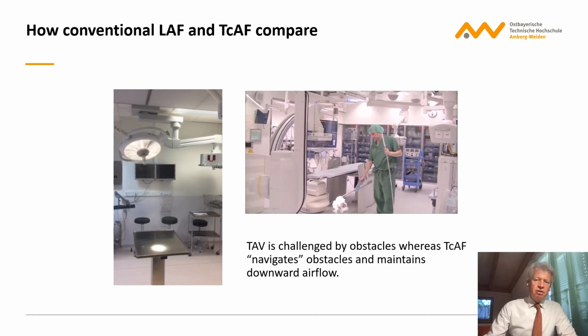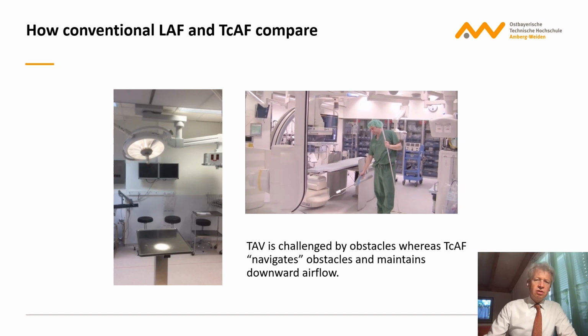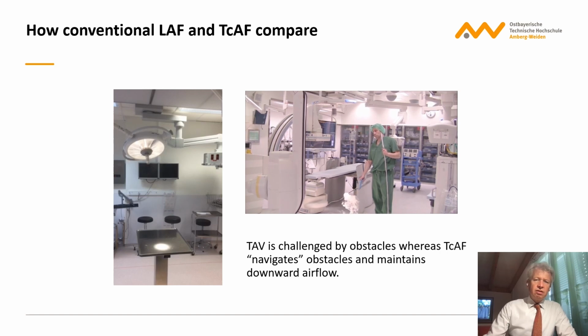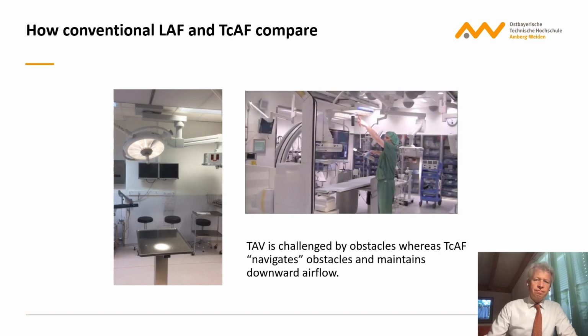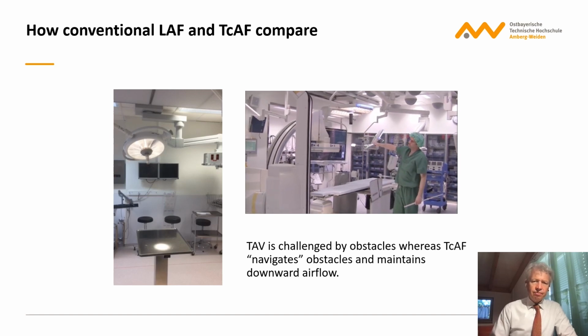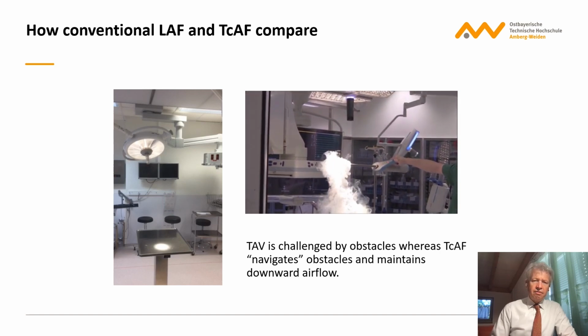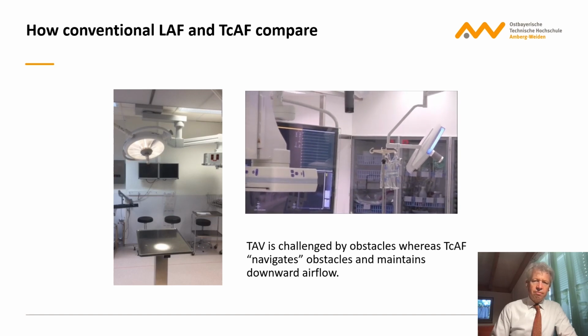In the right video, you can see that the OR light is not interfering at all, even when you bring in the smoke directly underneath the OR light, as shown here. So temperature-controlled airflow almost navigates obstacles and maintains a good downward airflow.